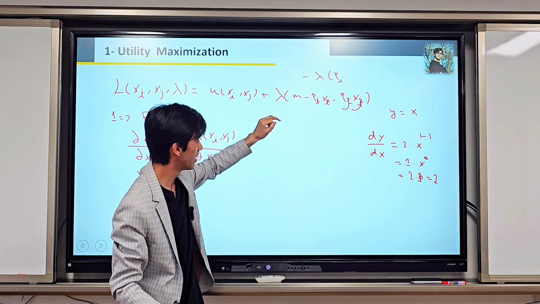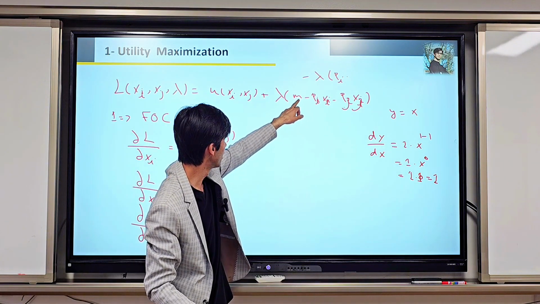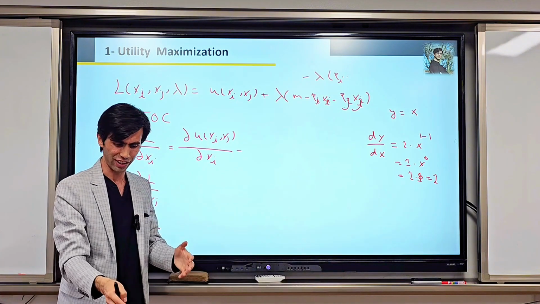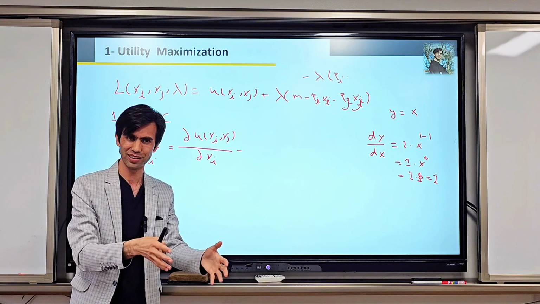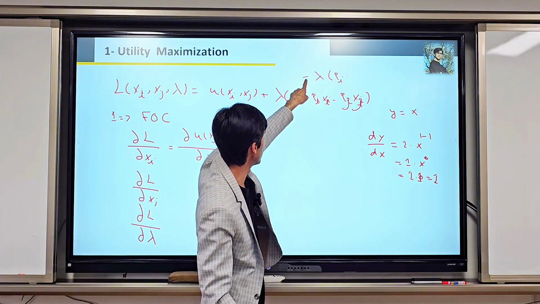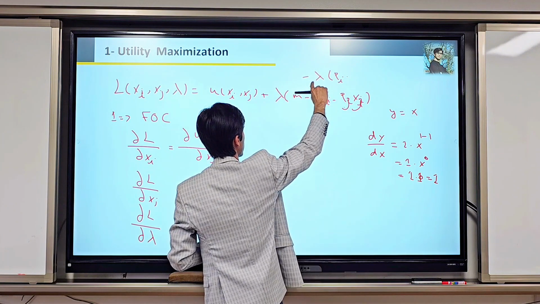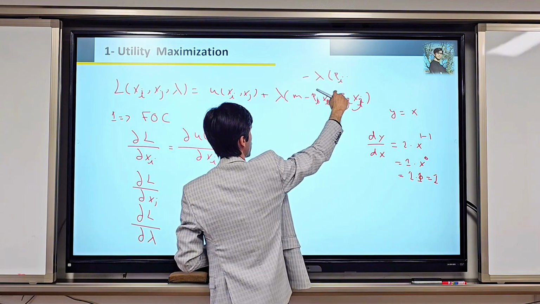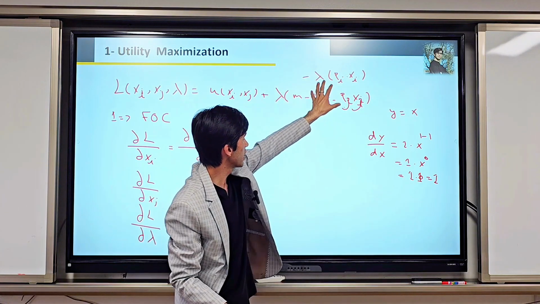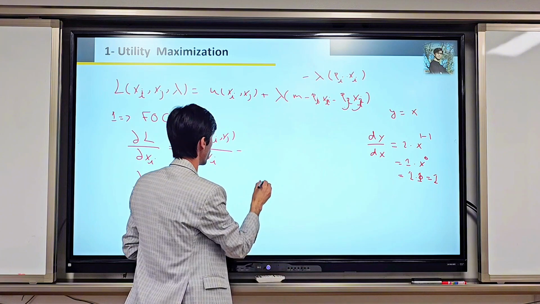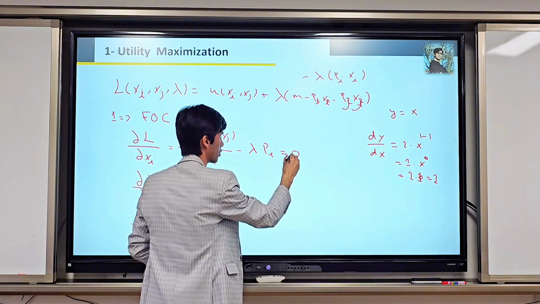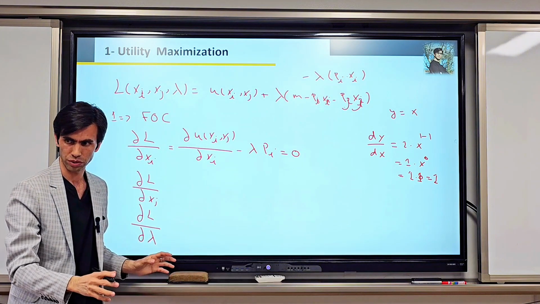This one is negative, this one is positive, so the sign is just replaced. So now we have only this one, which is lambda multiplied by pi xi. When we take the partial derivative of this one with respect to xi, it becomes lambda pi, equal to 0. The first order condition should be equal to 0.